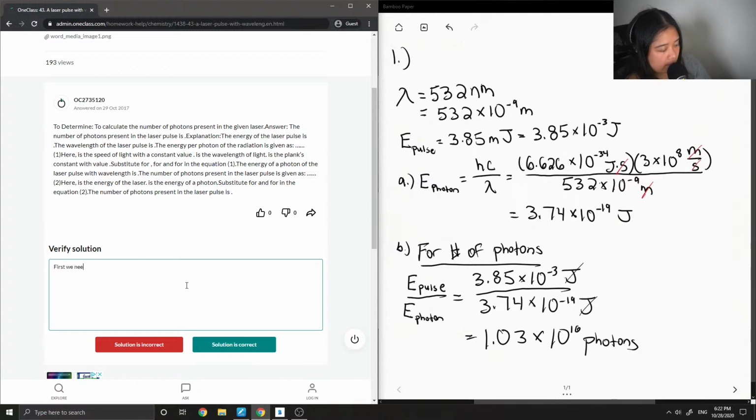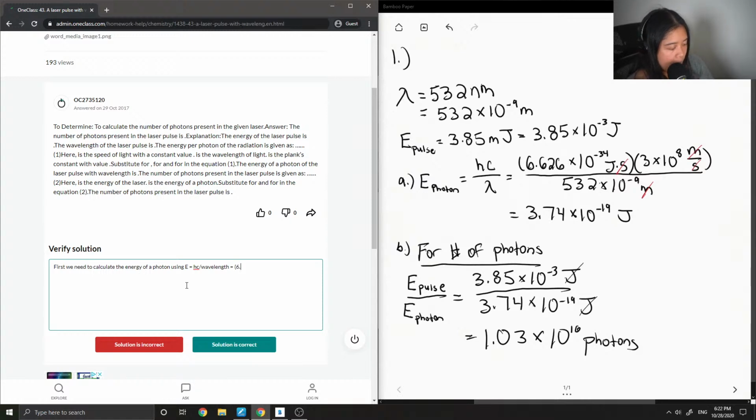First, we need to calculate the energy of a photon using E is equal to hc over wavelength.